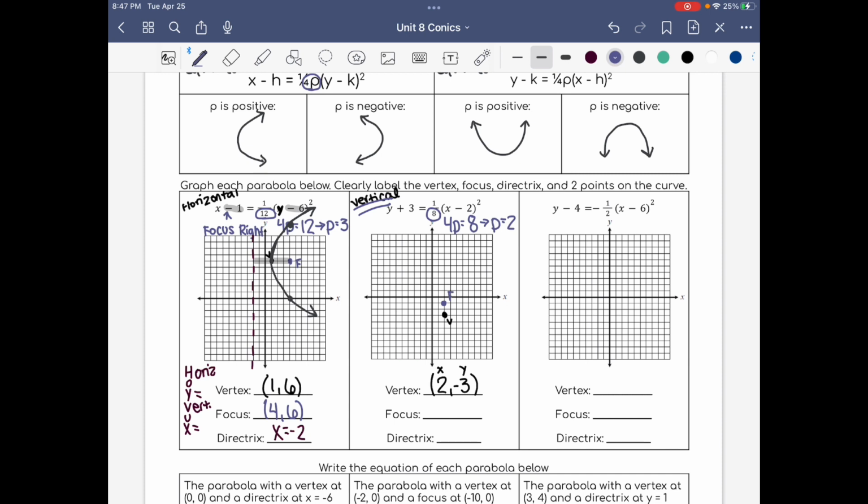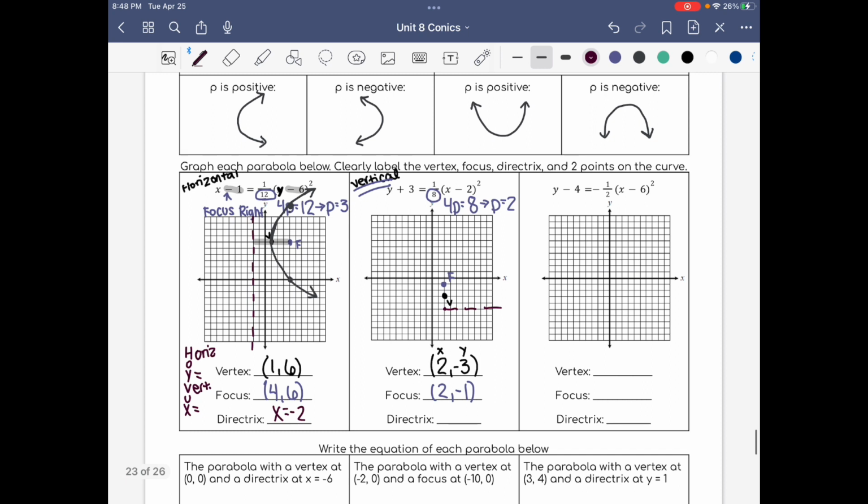And that is my focus, which is the point (2, -1). Then my directrix is 2 units in the opposite direction, which is down 2. And because of the direction that the vertex and the focus are going, the directrix is going to go this way.